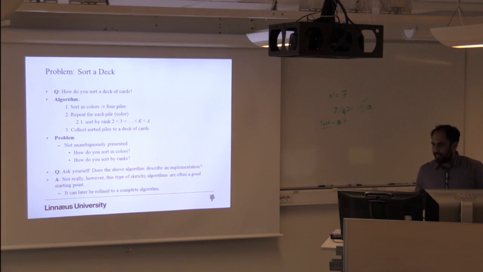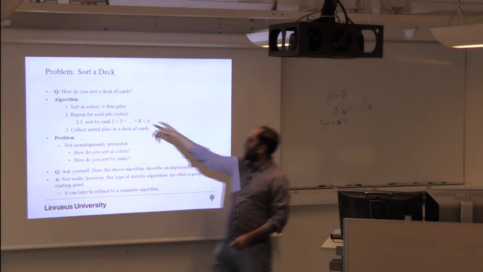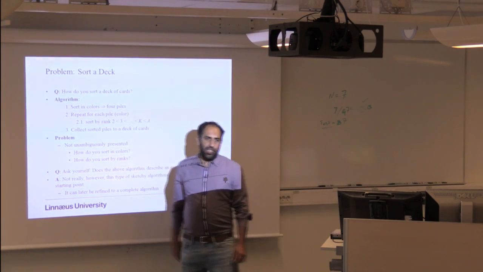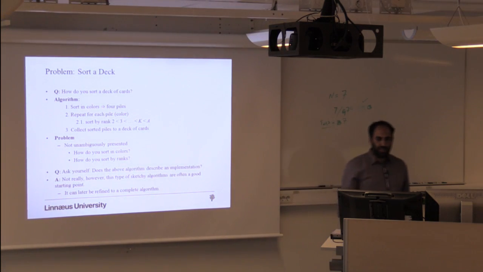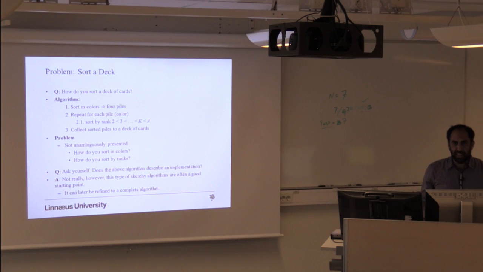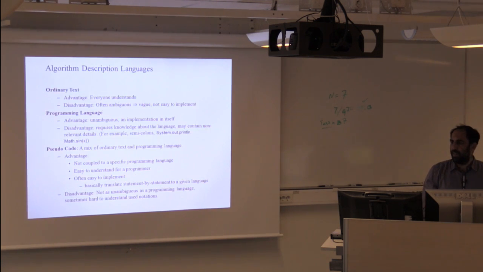This type of sketchy algorithm might be a good starting point because it outlines the steps, and you can then take these steps and describe them further. So it can be refined later into a complete algorithm, but it's not a complete algorithm by itself. It's a starting point which you can later extend to build a more complete algorithm.